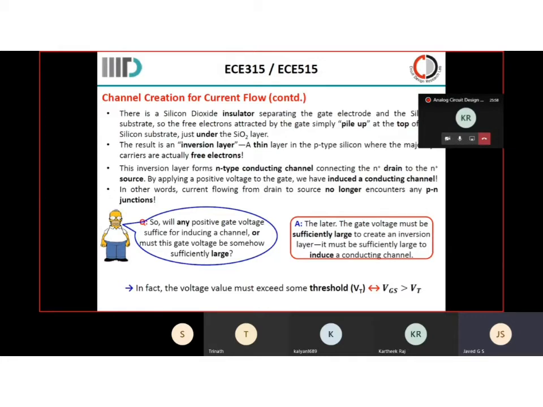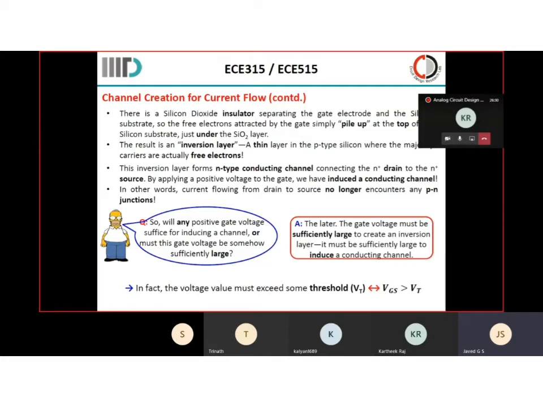And the voltage value should exceed the threshold voltage of the device, which is called VT. So the gate to source voltage, where your positive bias is applied for one of the diode voltages, has to be greater than VT, and the current is exponentially proportional to the difference between the two values. So the amount of current that can be sent through the channel directly depends upon how much the gate voltage is greater than the VT, and how much of the channel is created.